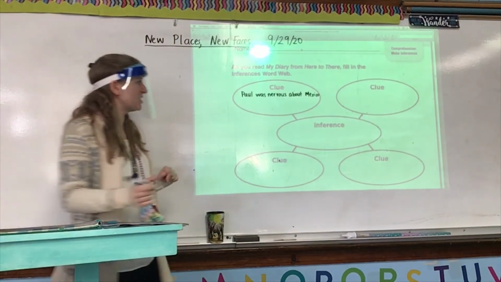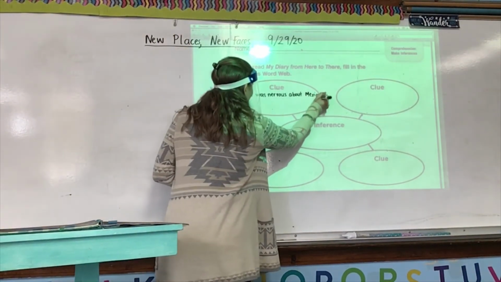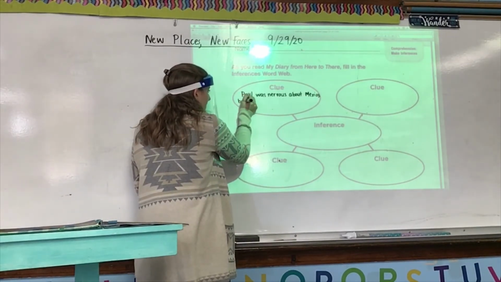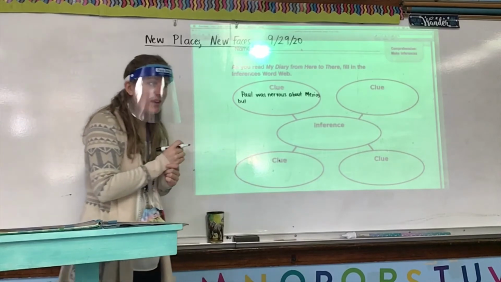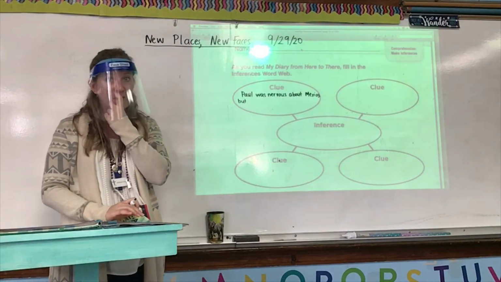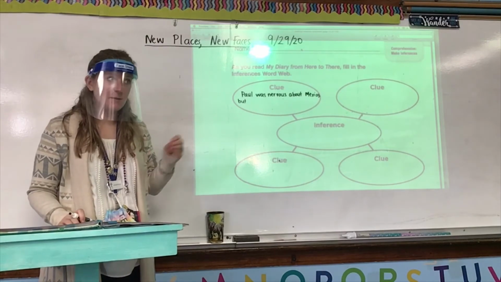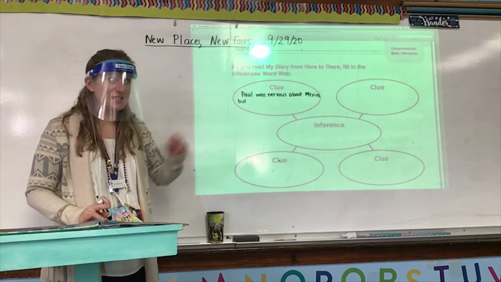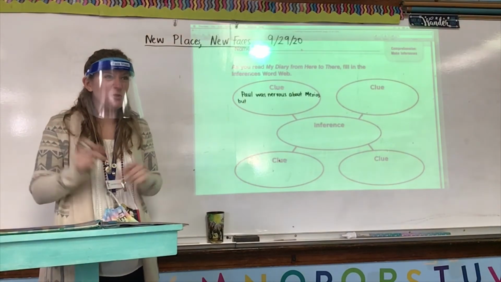So Paul was nervous about Mexico, comma, because that's an independent clause. I'm about to use the conjunction but, and follow it with another independent clause. So that means I have to have a comma, otherwise it's a run-on sentence. I keep commenting this and taking points off for people not doing this, but they're really not paying attention because they keep doing it, which means they're going to keep losing points.